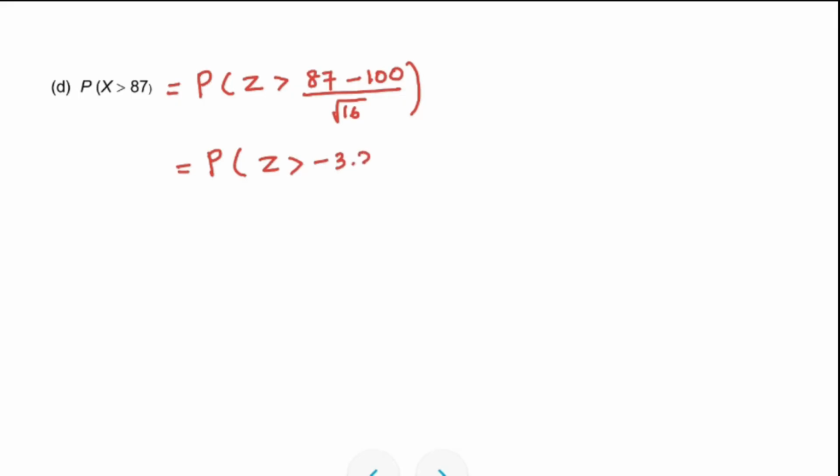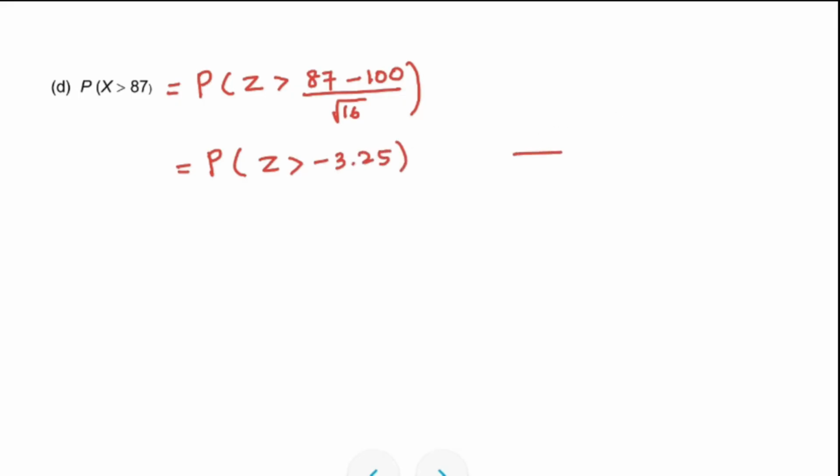And then 1d: P(x greater than 87). First we standardize by taking 87 minus 100 divided by the standard deviation. Then we calculate this, and we will get z greater than negative 3.25.